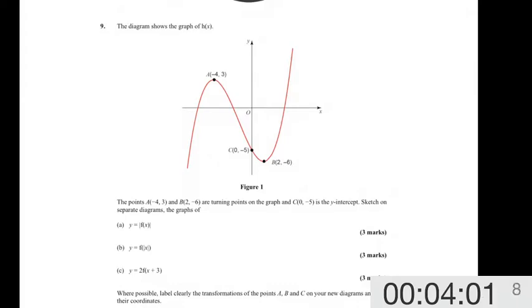Sorry, Roddy, was on my head. Yeah, so you reflect the positive x values in the y-axis. Well, first of all, delete the negative x values and then reflect the positive x stuff in the y-axis.